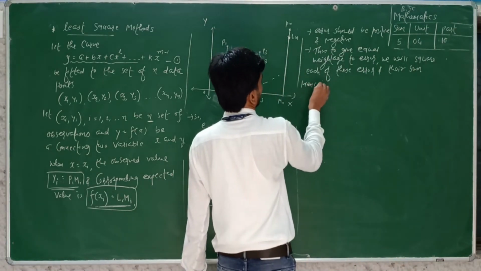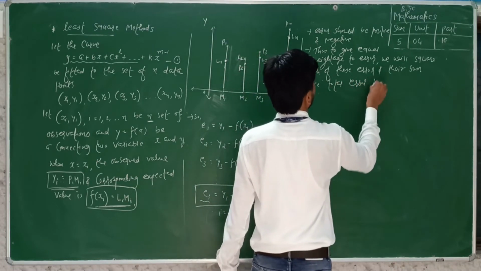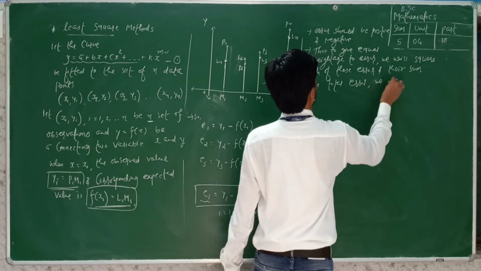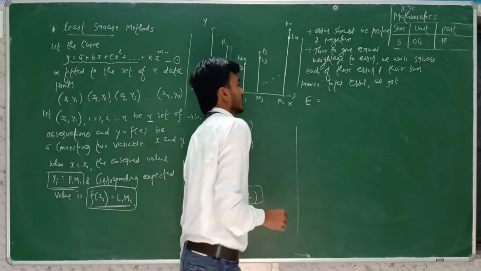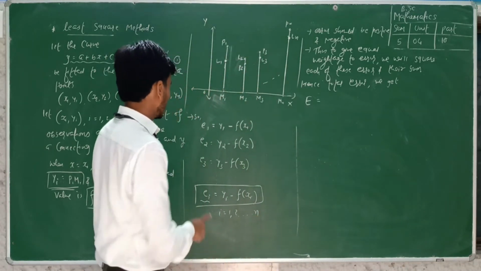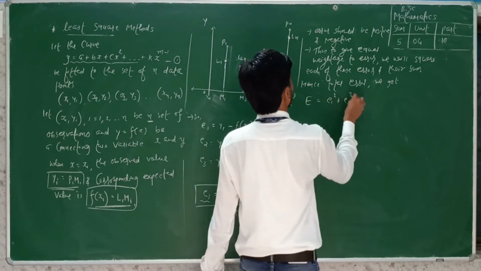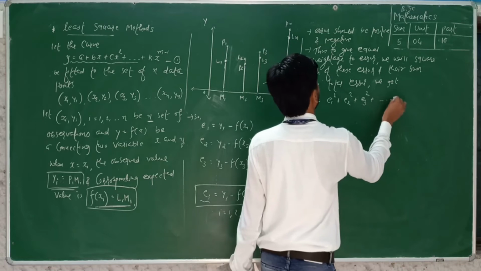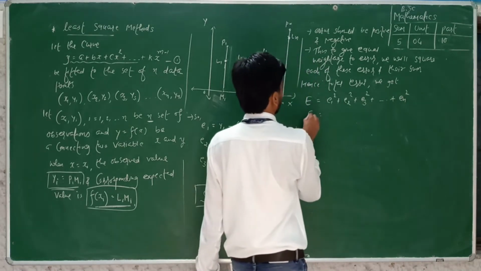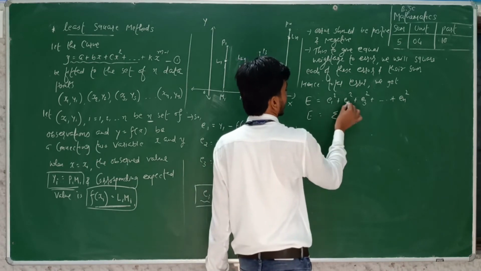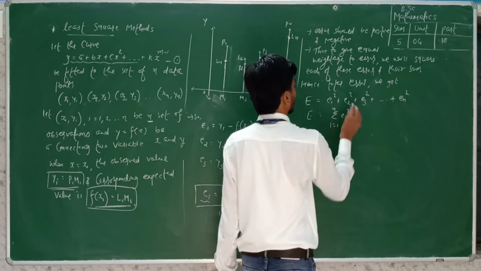Hence the total error, which we represent with the symbol capital E, is e1 square plus e2 square plus e3 square, up to en square. We can represent this expression as the sum of ei square from i is equal to 1 to n.